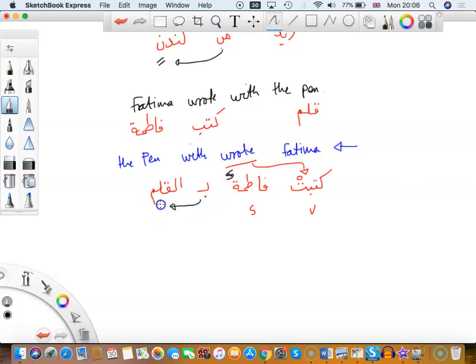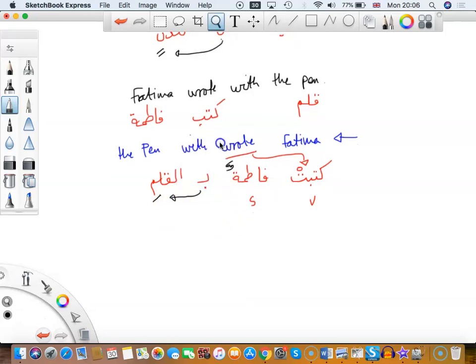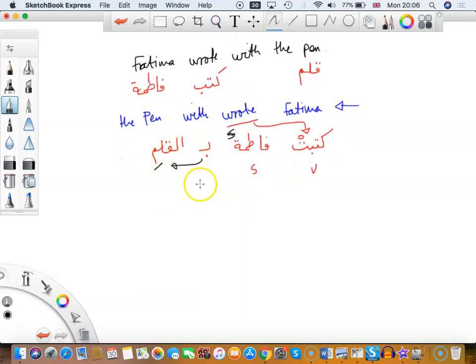Yeah. So bil qalam. Everyone got that? Now see, I don't mind if you don't join the prepositions with the word after it. I don't mind, but if you want to join it, you'd have to write it like this. So if you want to join bil qalam, you're going to say like this. Yeah, like that. Bil qalam. But if you didn't join it, it doesn't matter.